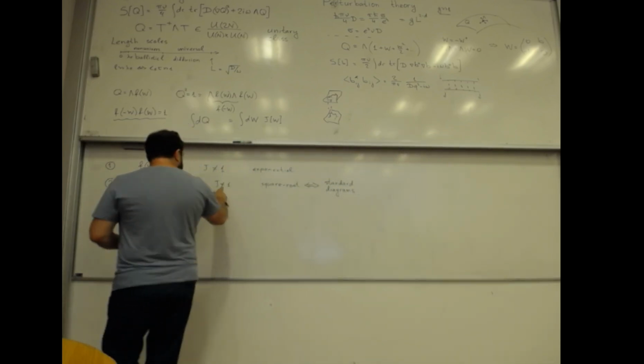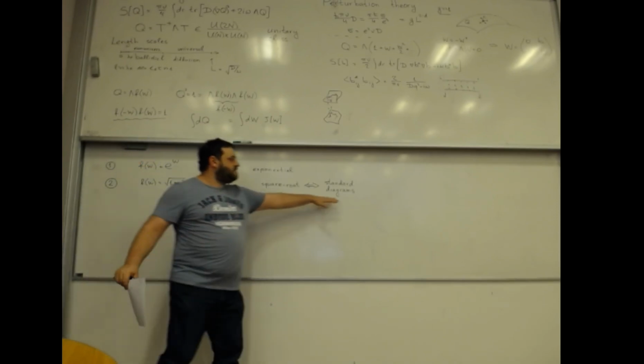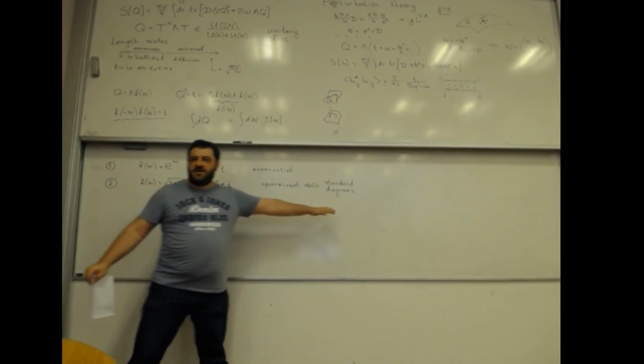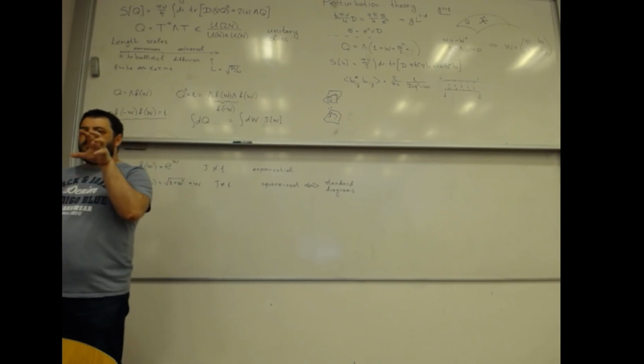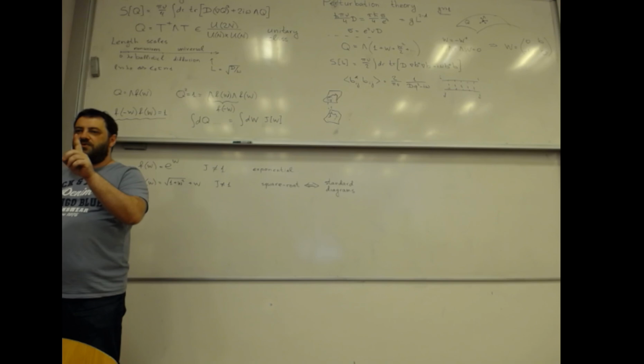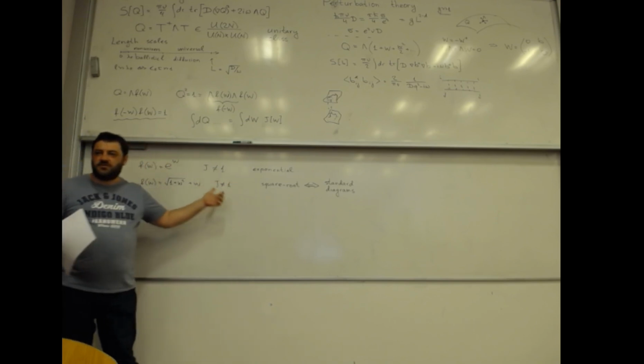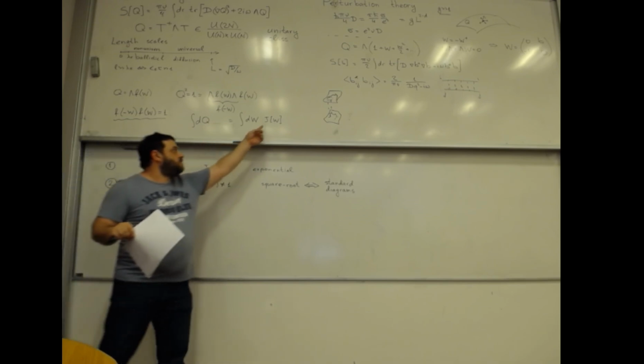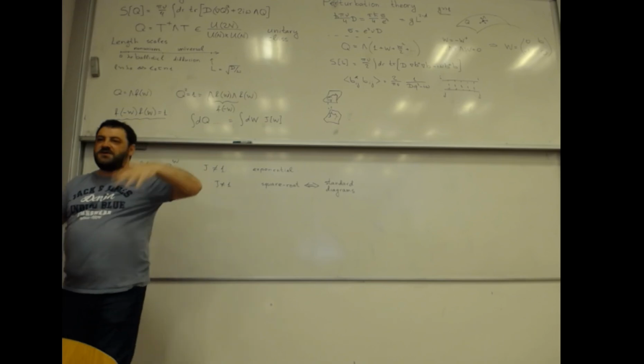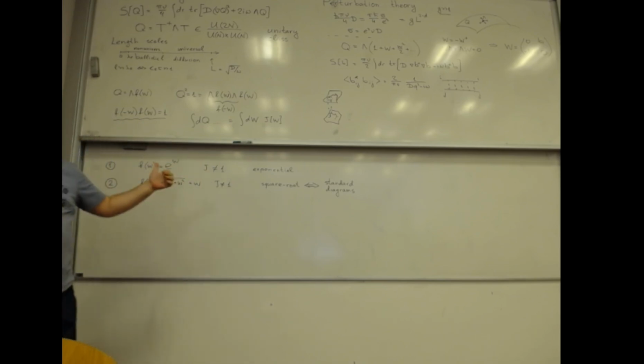So this parameterization is equivalent to standard diagrams, and to cancel this contribution, which is apparently divergent, this happens exactly if you take into account this Jacobian here. It will generate some extra diagram that will cancel this divergence.